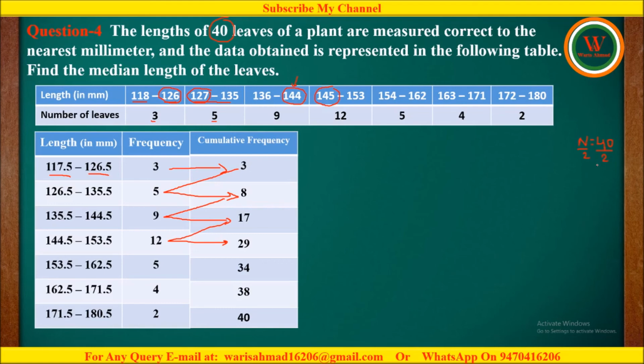Since the value of n upon 2 is 20, now we will find out the median class on the basis of n upon 2. Since the value of n upon 2 is 20, then we have to find the cumulative frequency which is just greater than 20. That will be equal to 29. So this whole row we have to select.